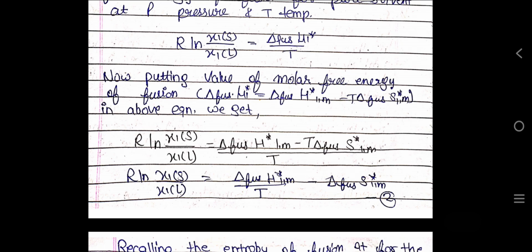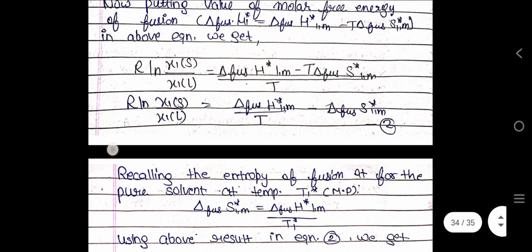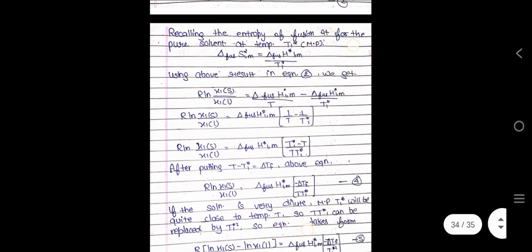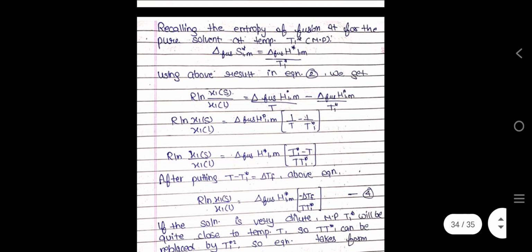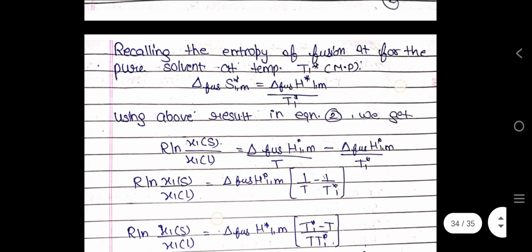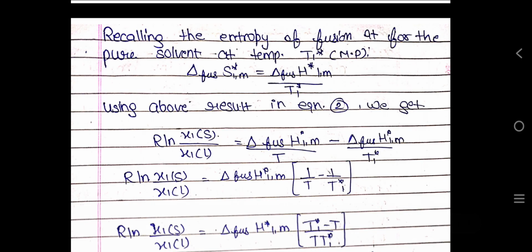Mu1 star liquid minus mu1 star solid represents the molar free energy of fusion for the pure solvent at pressure P and temperature T. So R ln of x1s by x1L is equal to del fusion mu1 star by T.